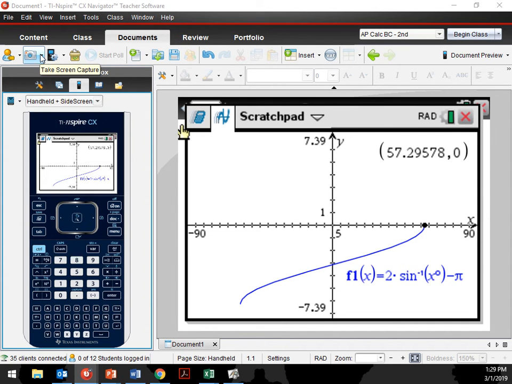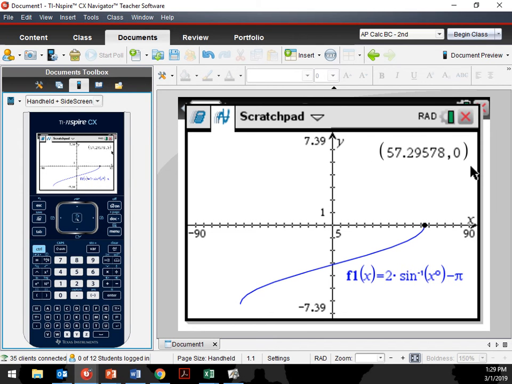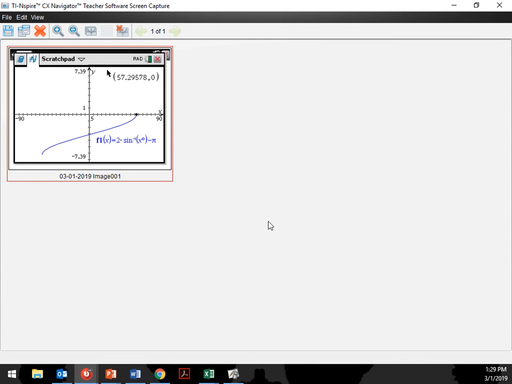All right. Where did my class capture go? There it is. Okay. So only one person's logged in, that's why.